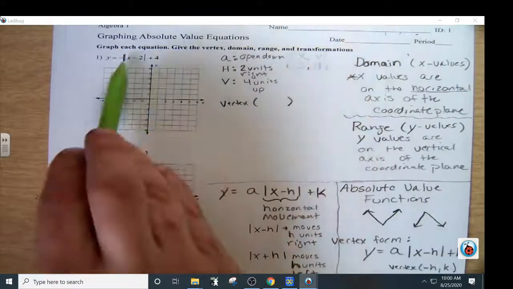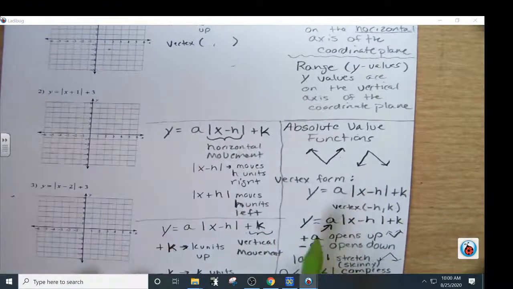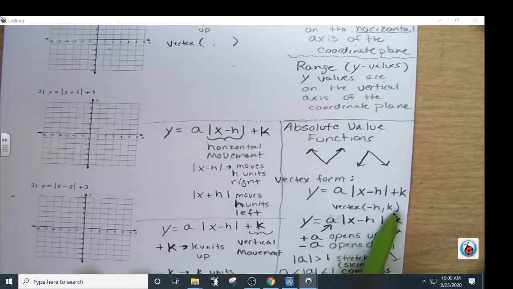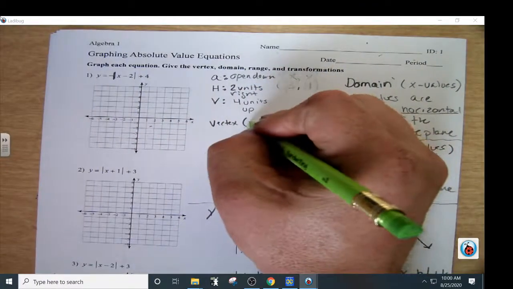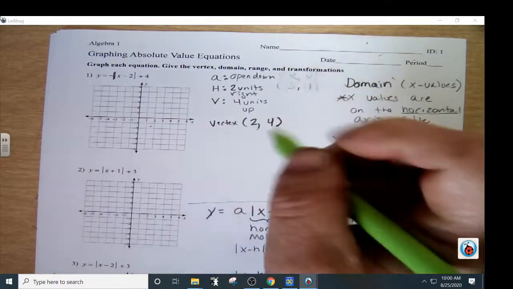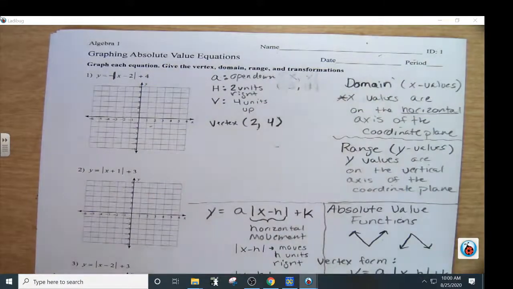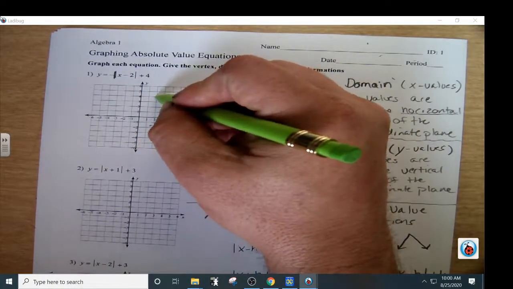Guys, remember, if you look at your notes, the vertex is always the opposite of the H and the K. If this is a negative 2, then that's going to be a positive 2. And then the Y value is the K value, so that's your vertex. Good job.